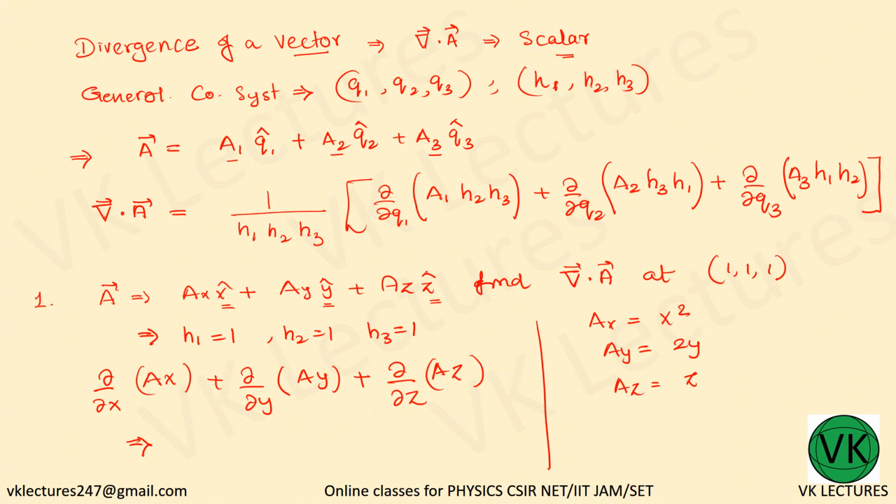So dou by dou x of x square is 2x, plus ay is equal to 2y, so that is 2, plus az equal to z, so that is 1. So 2x, where x value is 1, gives 2 plus 2 plus 1, that's equal to 5.